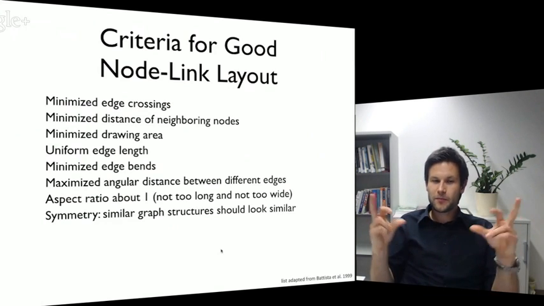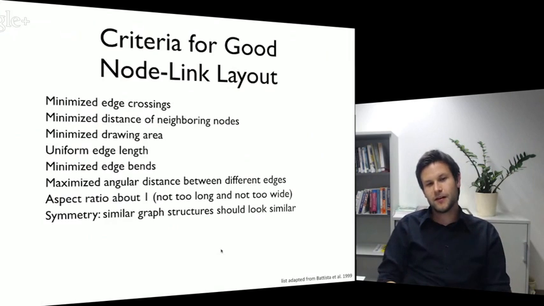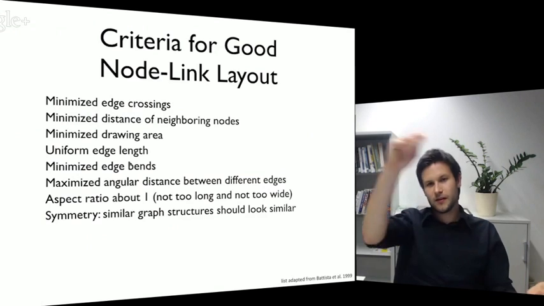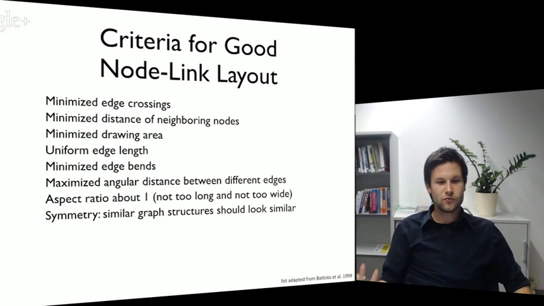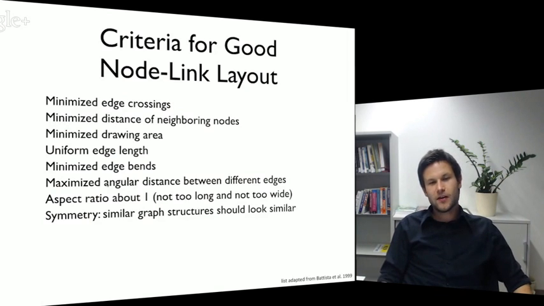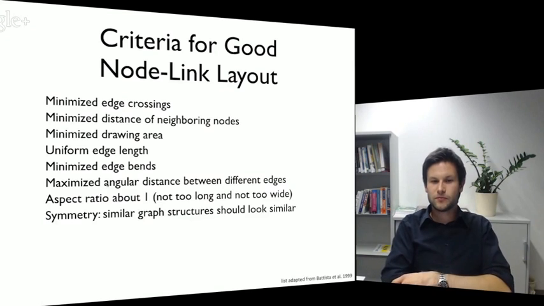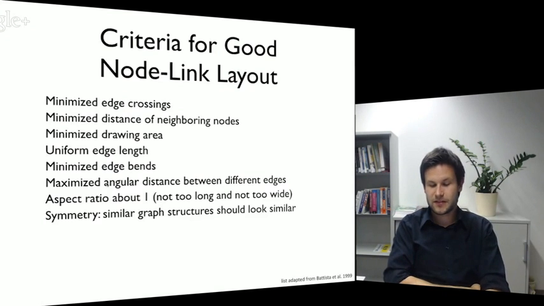You want to have a very compact representation. Another goal could be that you want to have a uniform edge length. There shouldn't be edges which go around corners also. Another goal would be symmetry. You say, I have a tree and I want to make it look similar or to have a symmetry.